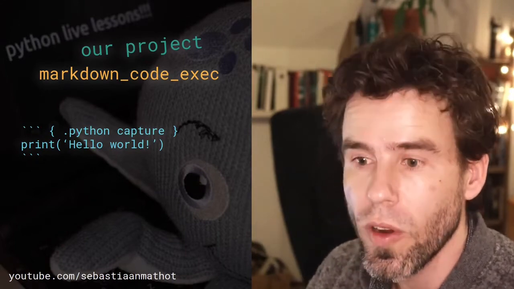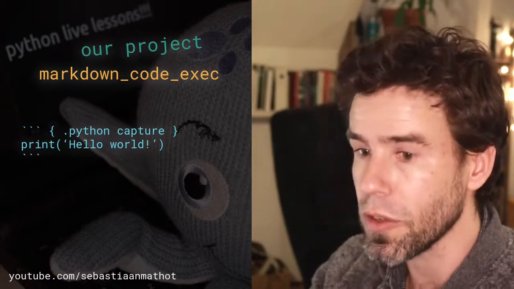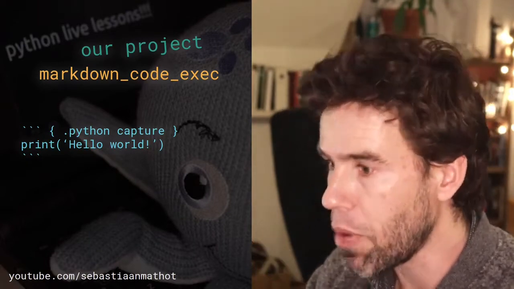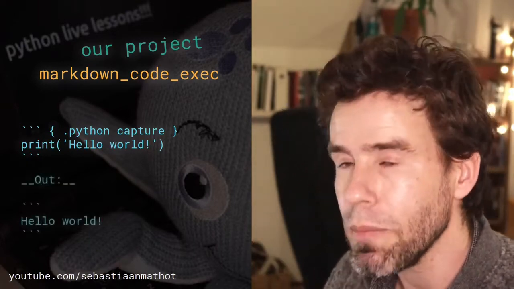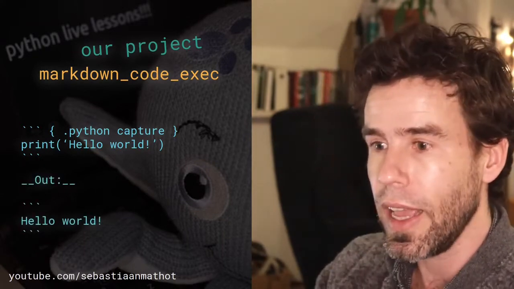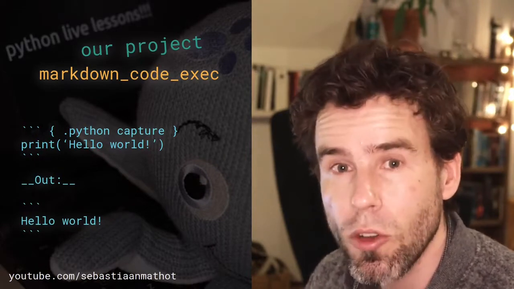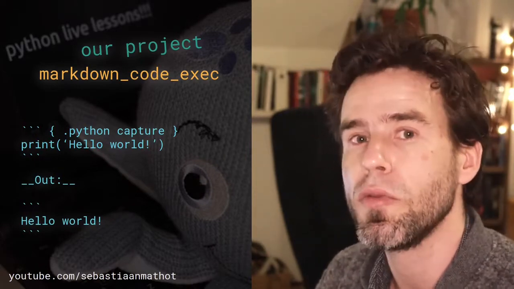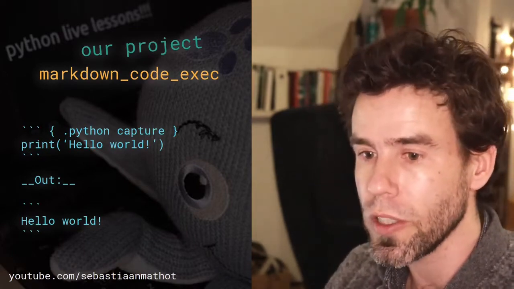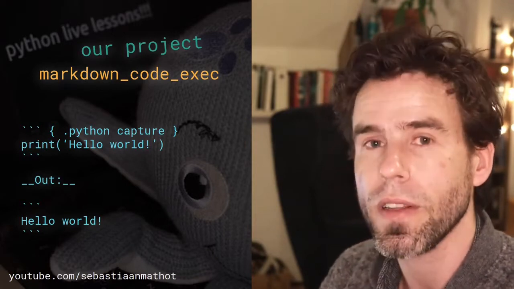And then our program, Markdown Code exec, is supposed to take this text, parse it, and then actually capture the output that is generated, in this case very simply just hello world, and embed that in the output of the file, right? So we're basically compiling Markdown files by capturing output of code and including that in the Markdown. I hope that idea is clear.